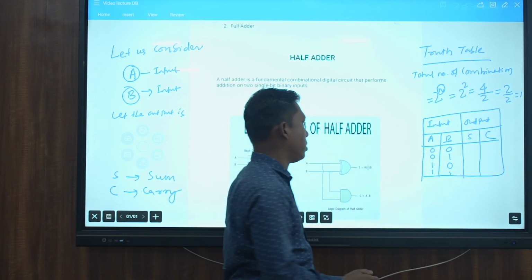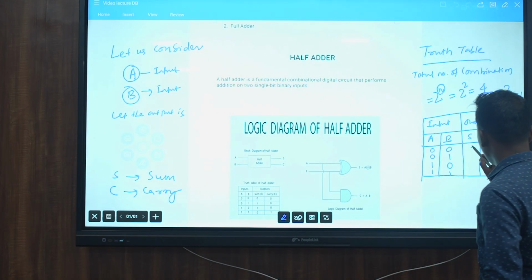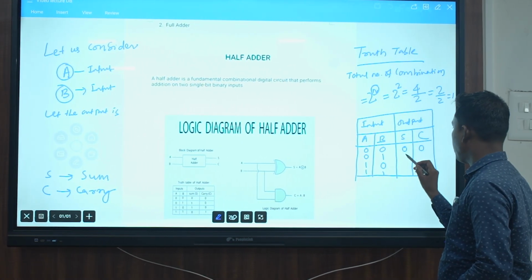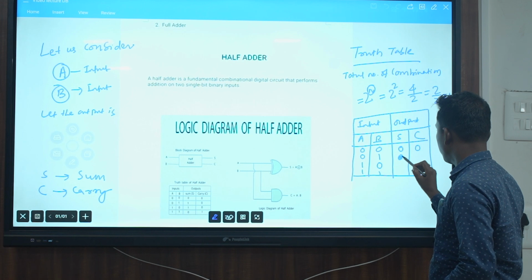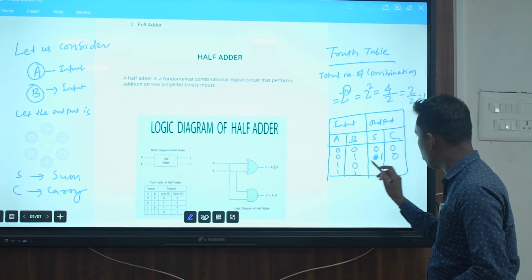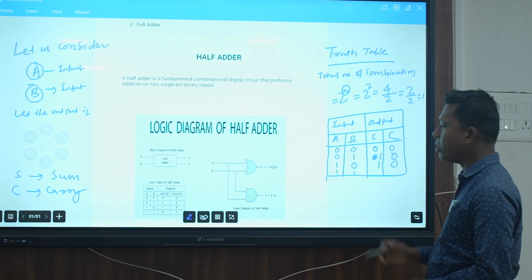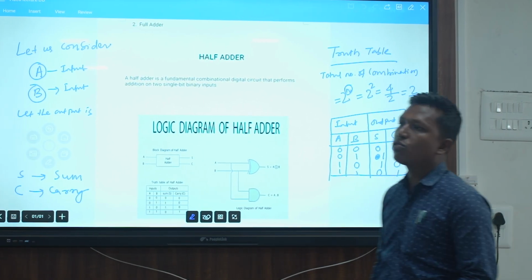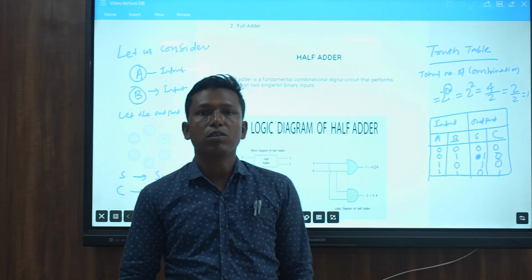Whenever we add, 0 plus 0, the sum is 0, no carry. 0 plus 1, the sum is 1, no carry. 1 plus 0, the sum is 1, no carry. 1 plus 1, the sum is 0, carry is 1. In this way, the truth table is constructed.